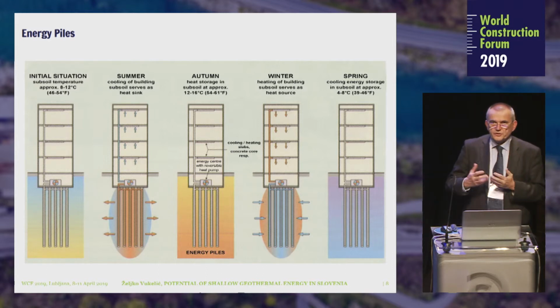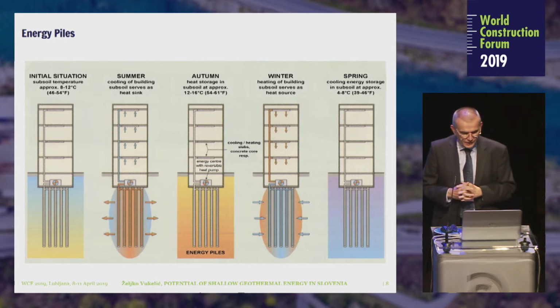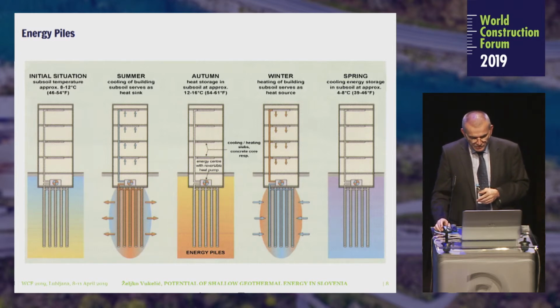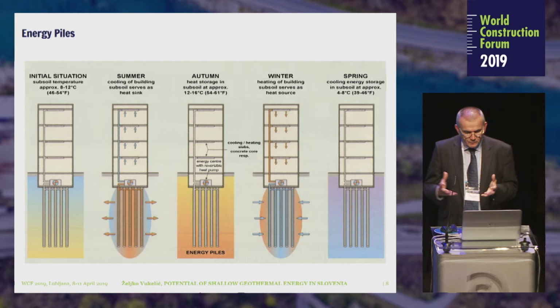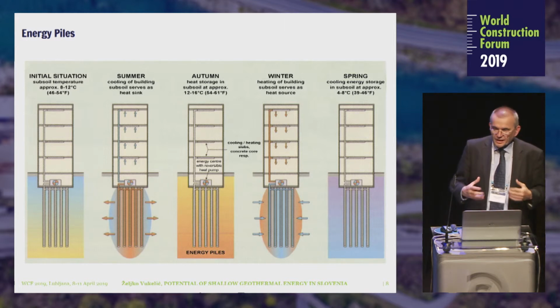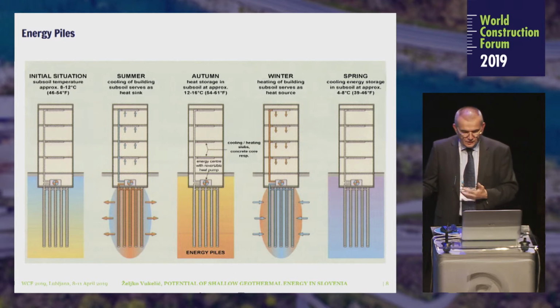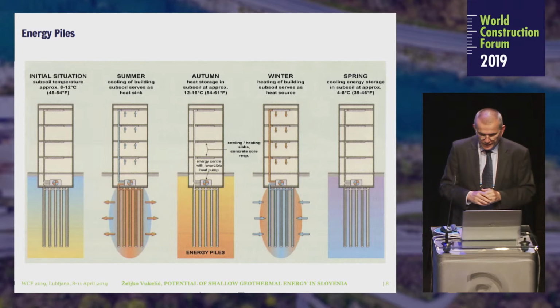That means that in summer you cool, in winter you heat the house. Of course, you have very good potential with this energy because in the summertime you collect the heat energy. In winter time you just heat the houses.